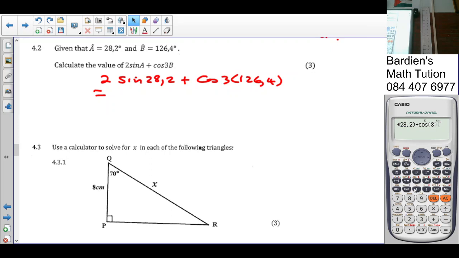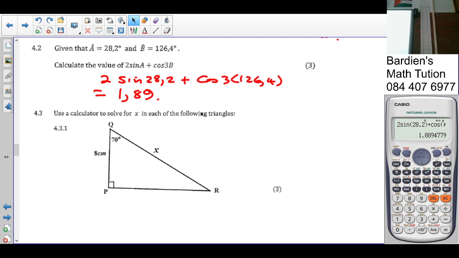Don't do it. That would say cos of 3, then that ratio multiplied by 126.4. You understand? So the right way is 3 times 126.4. That gives us 1,89. Any confusion there? No confusion?